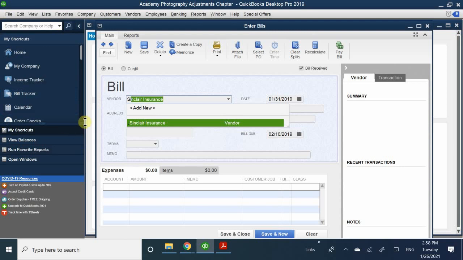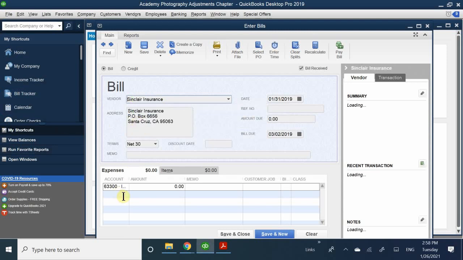It's going to populate, saying you must be trying to enter an insurance expense, but there's no value entered in. It's saying, well, normally when you have Sinclair, it's going to automatically associate with it insurance expense.